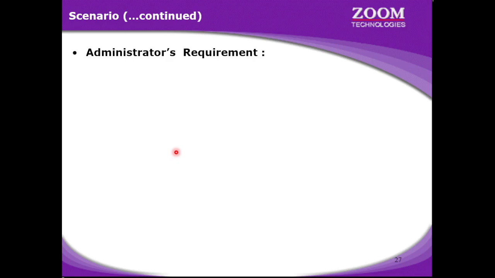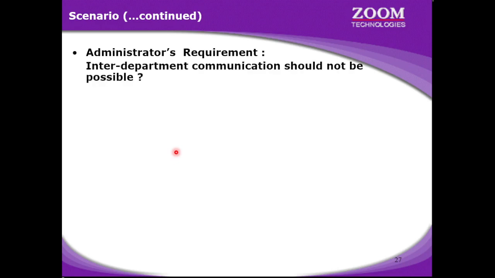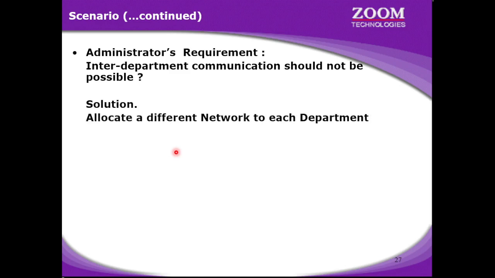Kaya lang, ang requirement ni admin would be the inter-department communication should not be possible. So, hindi po pwedeng magka-transfer ng data, no, yung bawat department. So, ano po yung magiging solusyon dyan? The solution is to allocate a different network to each department. Halimbawa, si MCSE 192.168.1.1 hanggang 1.20.